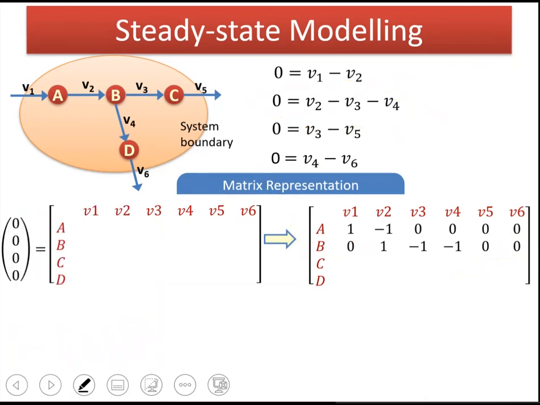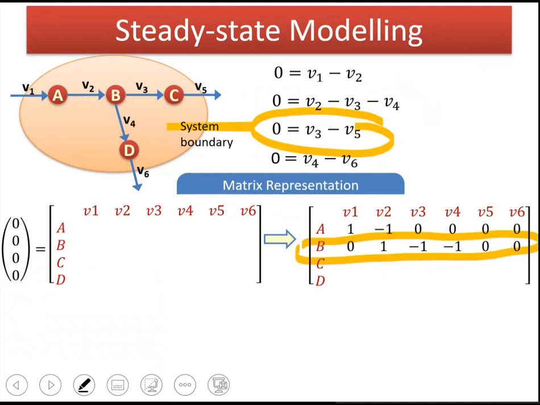You see, this is the row. Similarly, I will write the third equation. So V3 will be 1 in the third equation, V5 will be -1, and the rest will be 0.